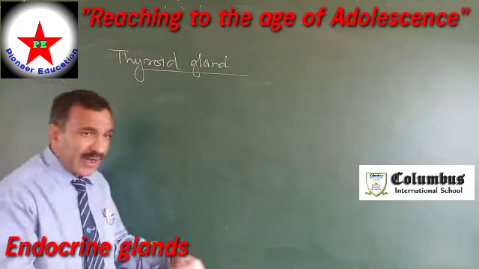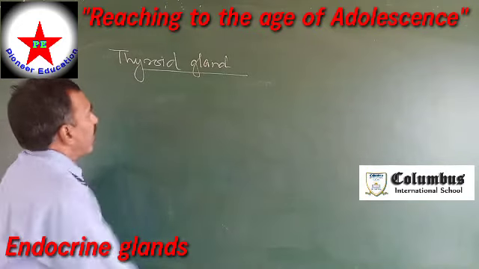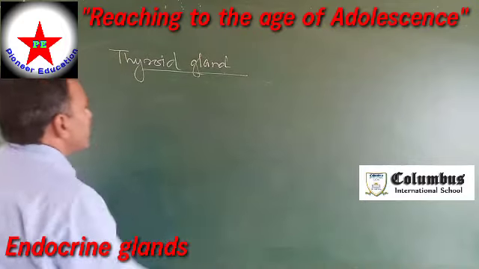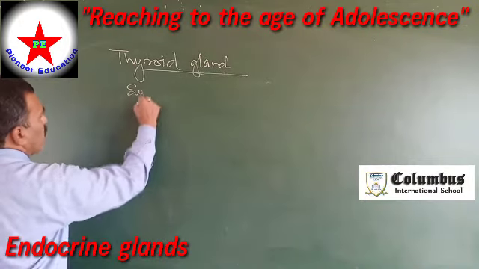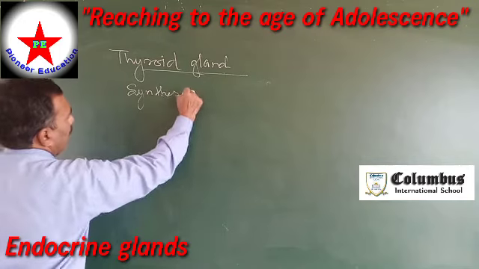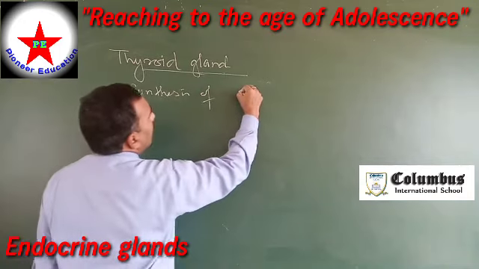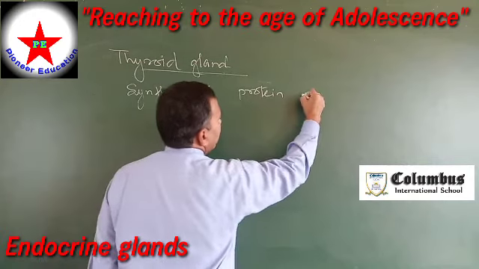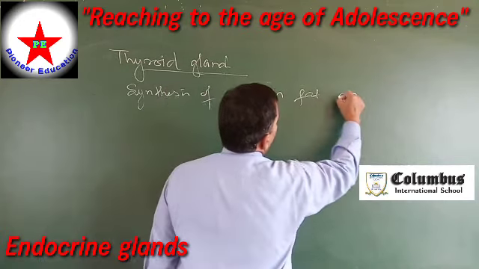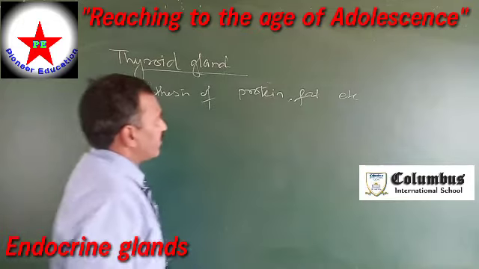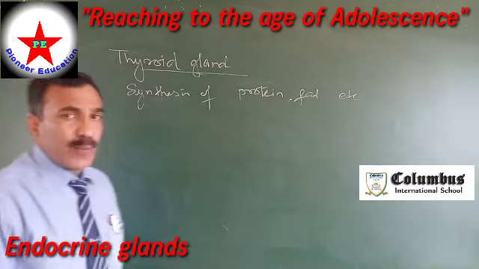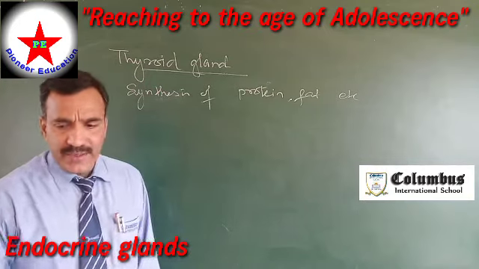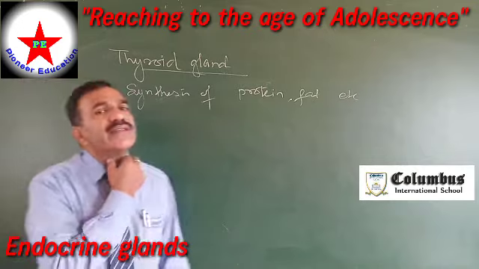Thyroid is not a disease, but a gland in our body. One of the functions of the thyroid gland is to synthesize protein, fat and other metabolic substances in the body. This thyroid gland is situated here.